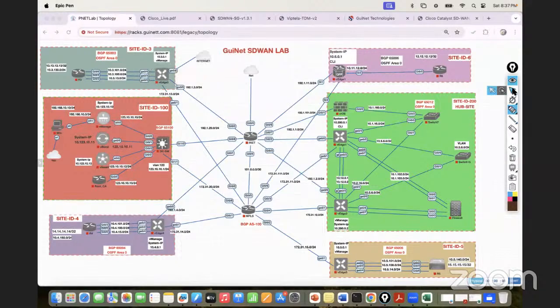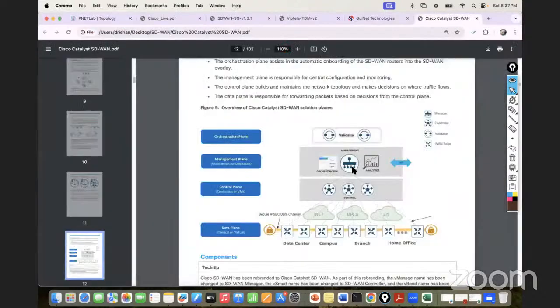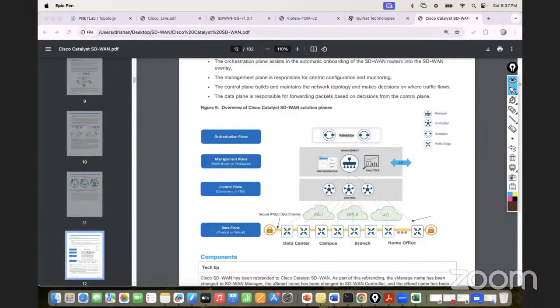So it was just a rebranding, nothing more than that, and that becomes your Catalyst SD-WAN. So still all your configuration, your way of doing troubleshooting, creating the template, each and everything is going to be the same. Only the brand name has been changed, the controller name has been changed. So this is the history of this particular SD-WAN.